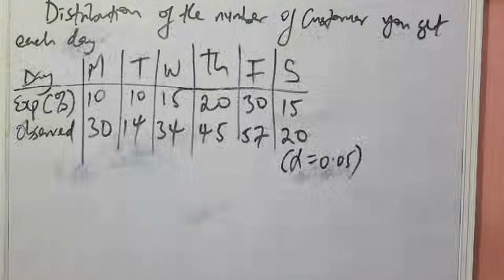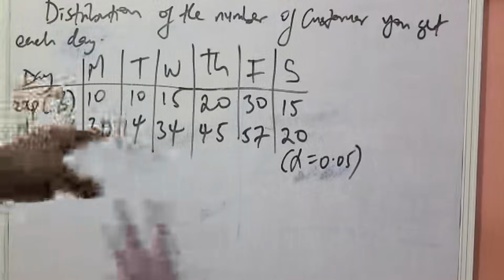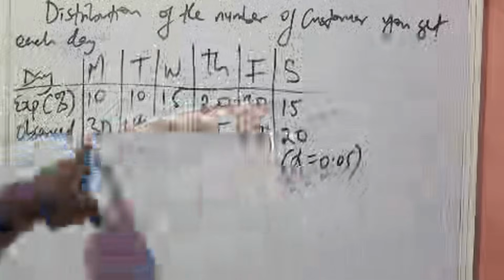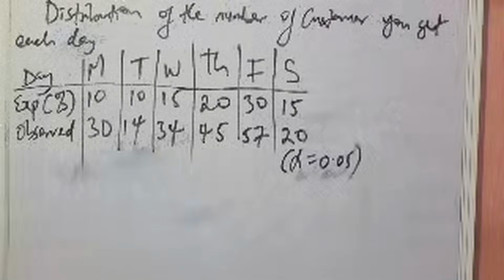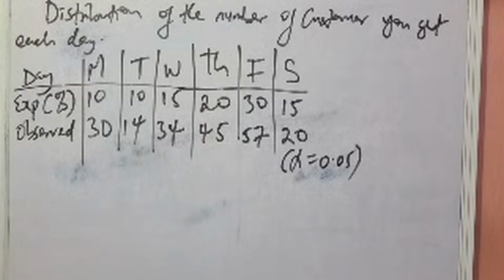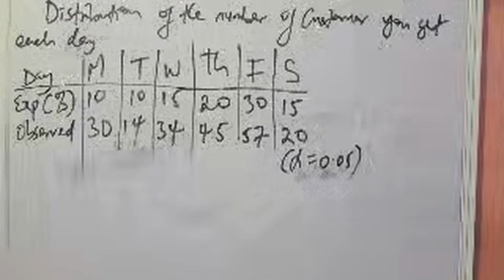How good does the distribution this person had fit the observed value? Did it go the way she expected? Were they fitting? That's the whole thing around goodness of fit test.